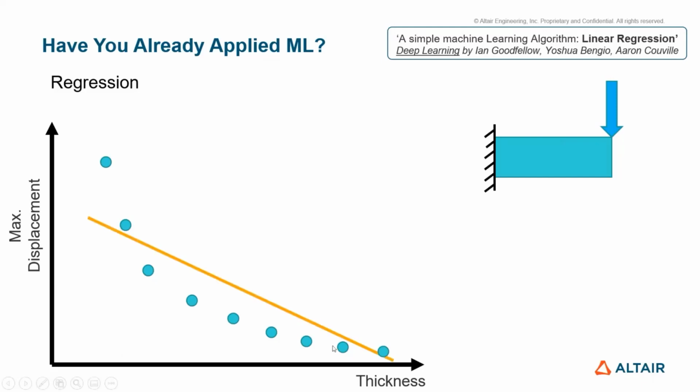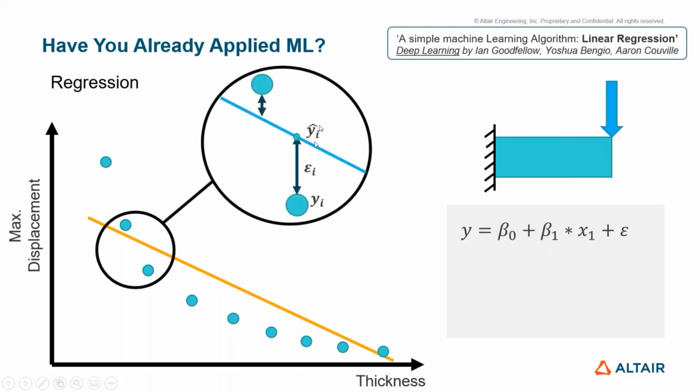When you say regression, think of linear regression, where you fit a simple straight line: y = mx + c, as we all know. Similarly, it is y = beta 0 + beta 1 x1 + epsilon. I have introduced a small error epsilon because the line is not fitting all the points. For some predictions epsilon is 0, for some it is very small, and for some predictions epsilon is very high.